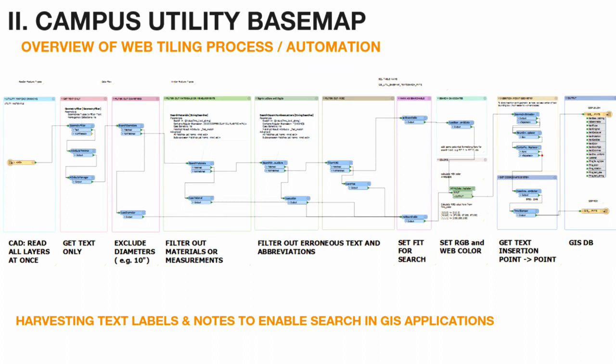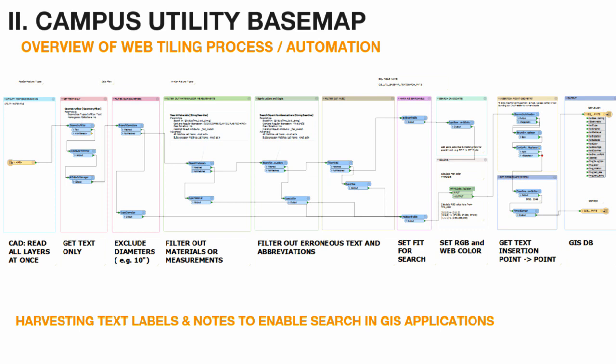A parallel part of that process was harvesting all the text labels and notes, to get all the pipe sizes, the names, pit numbers and things like that. We wanted to harvest all that information so that we could do searches on it. You can read all the CAD layers at once, get only the texts you want, and exclude some of the diameters.